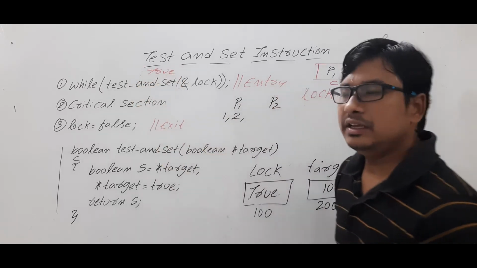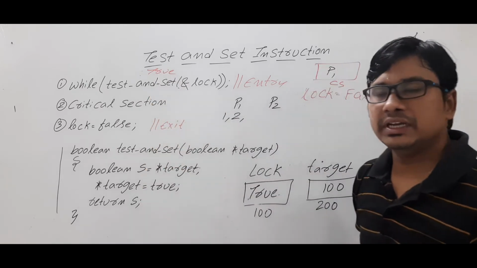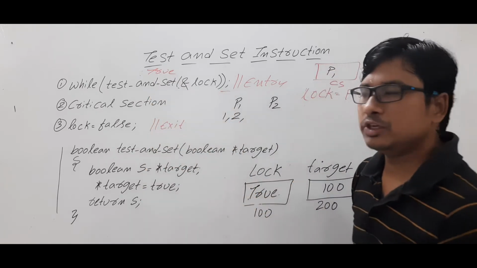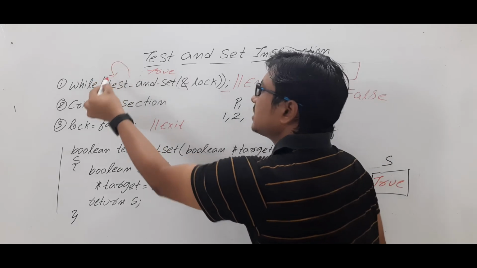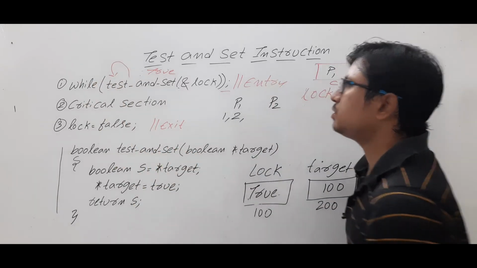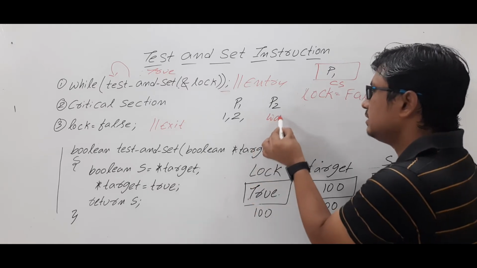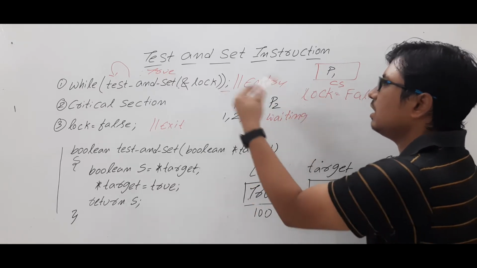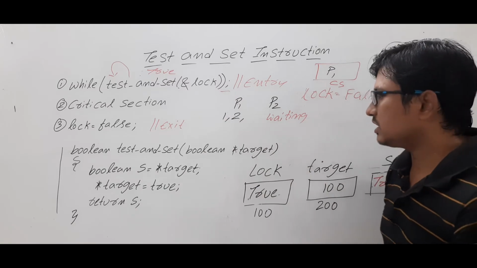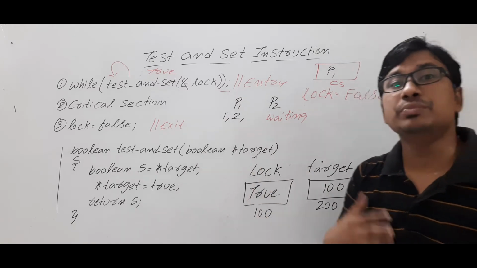Is it clear? If this value is true, what is the meaning? As there is a semicolon, it will test the condition again. So process P2 is going into the infinite loop, meaning that it is waiting. It is still in the entry section. It will keep on checking this condition. So it is doing busy waiting.